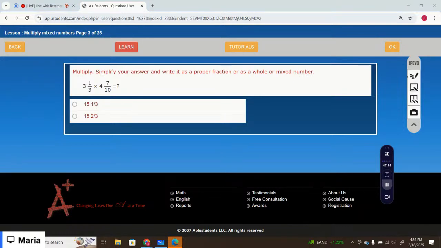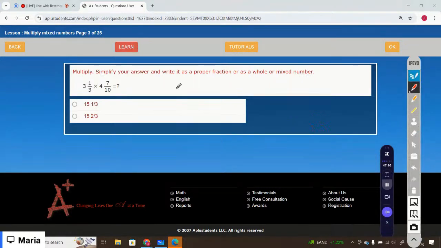So 3 whole 1 by 3. 3 times 3 is 9 and 1, 10 over 3. 10 times 4 is 40 and 7, 47 over 10. 10 and 10 cancel out. You are left with 47 over 3.